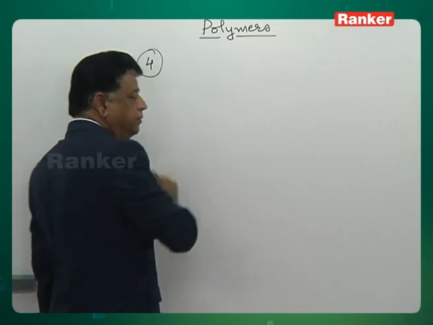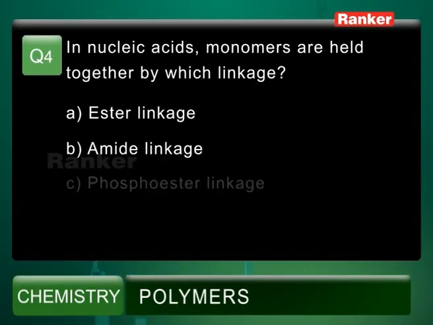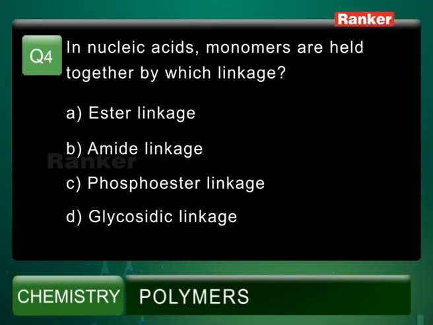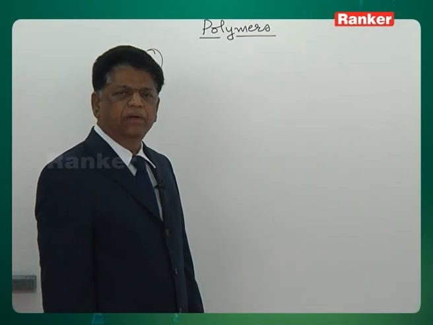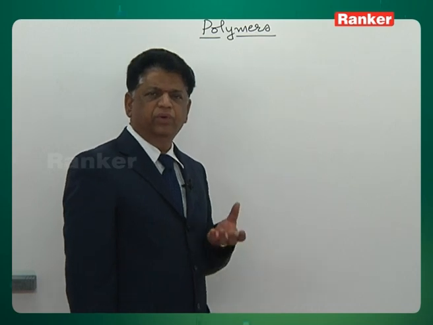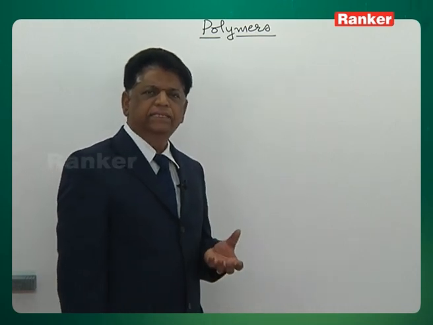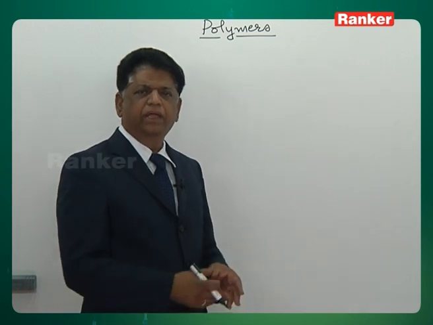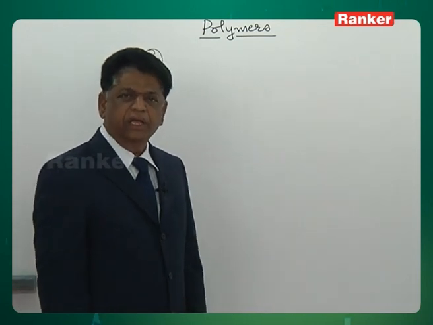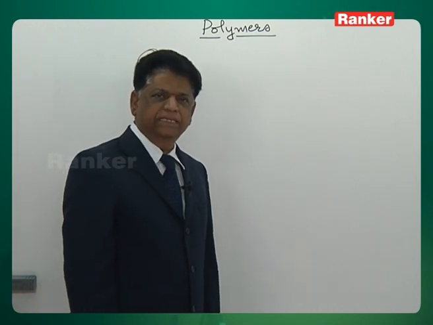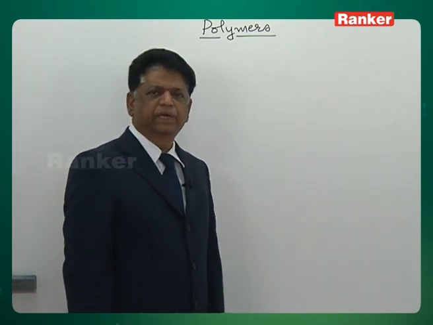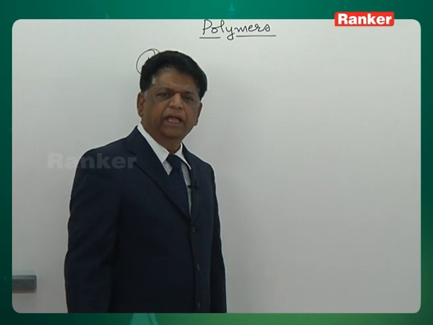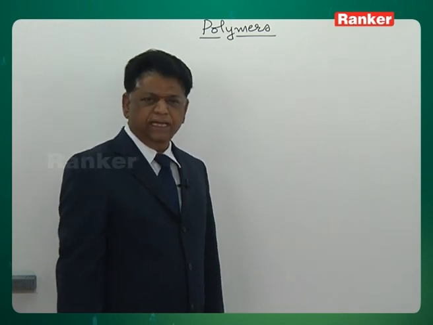Question number 4. In nucleic acids, monomers are held together by which linkage? Nucleic acids are constituted by one sugar unit, one base, and one phosphate. These three units go on joining, and a long chain is formed, which is nothing but a nucleic acid, a polymer. So he is asking about the linkage.